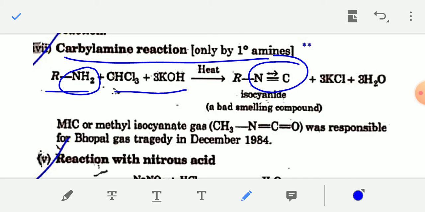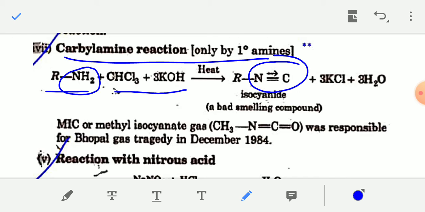The KCl and 3 water are side products, and the main product is RNC. So if you react methylamine CH3NH2 with chloroform in KOH, the product will be methyl isocyanide, that is CH3N triple bond C. Alkyl isocyanide is a bad smelling compound.